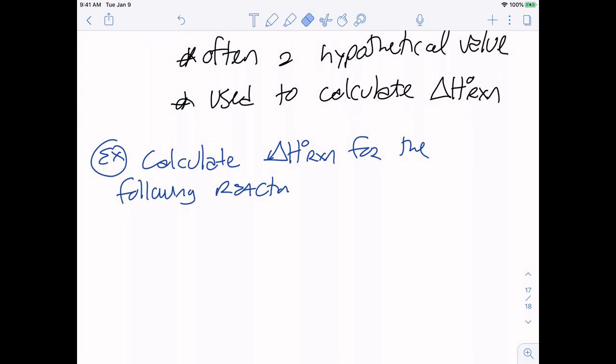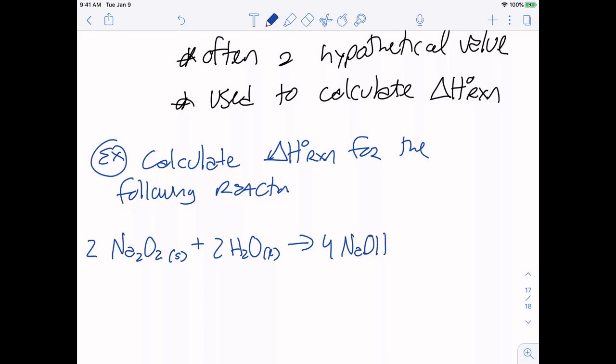I have 2 sodium peroxide, so Na2O2, and that's a solid. I'm reacting that with 2 water, liquid, and then we're going to produce 4 sodium hydroxide, solid, plus 1 oxygen gas.